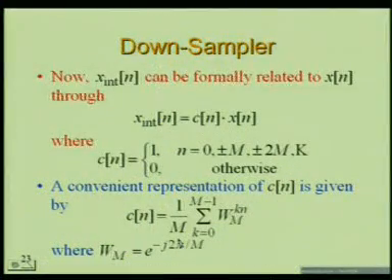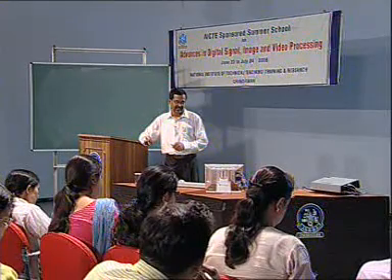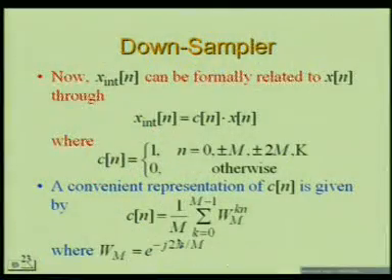A convenient representation of c[n] is given by c[n], another sequence, that is equal to 1 divided by M sum over k from 0 to M minus 1 of W_M to the power kn. k is an integer, n is an integer, M is also an integer in this case, where the notation W_M can be defined as e to the power minus j 2 pi divided by capital M.